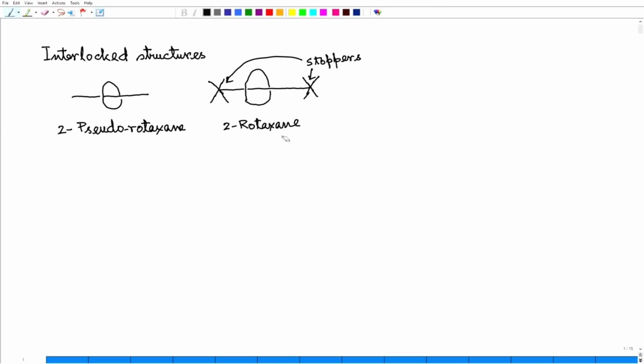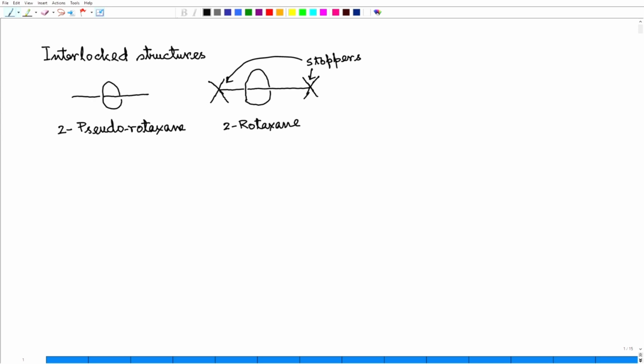So, that means a rotaxane is a particular supramolecular compound where a macrocycle can enter a linear rod-like structure, and once it gets in, it cannot be taken out easily. Okay. Sometimes you ask how to synthesize this compound.